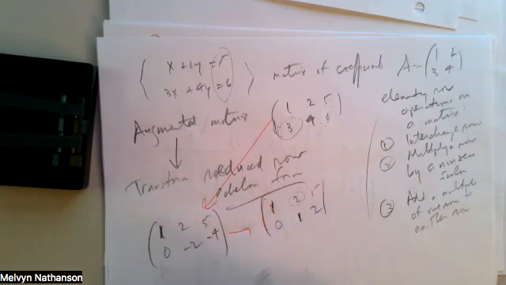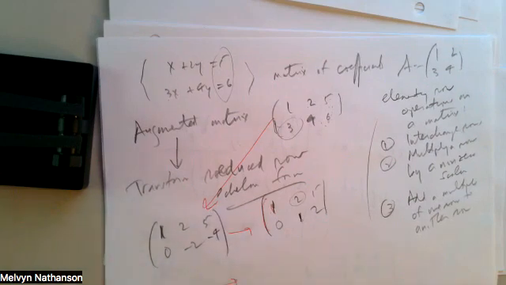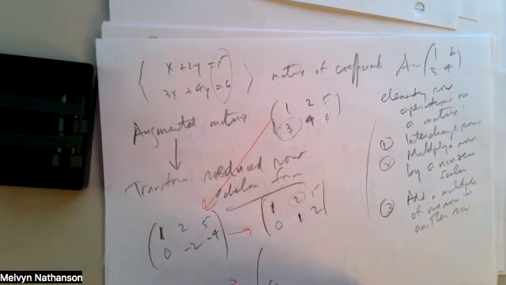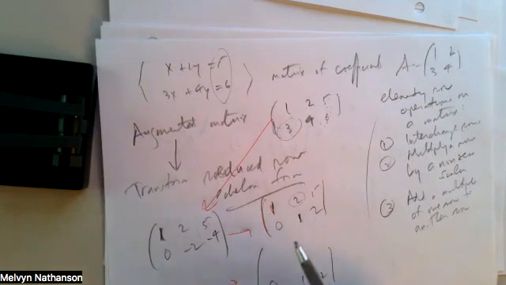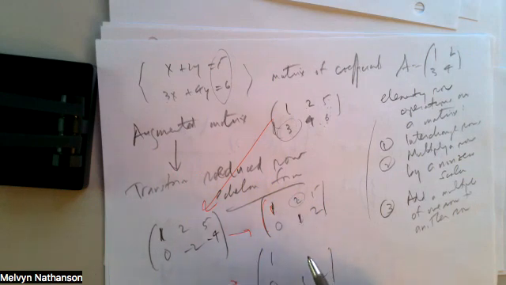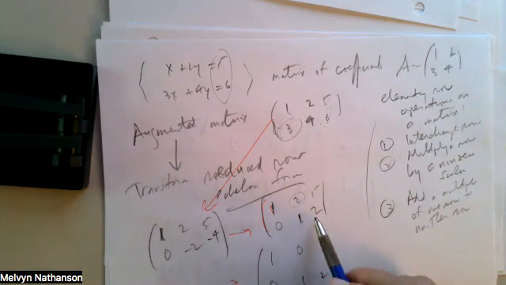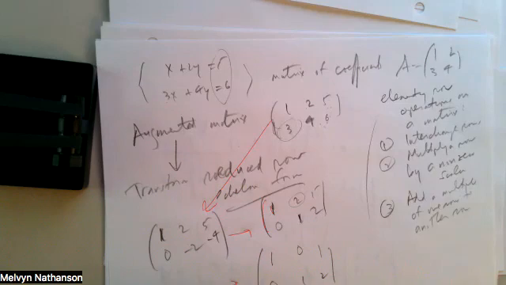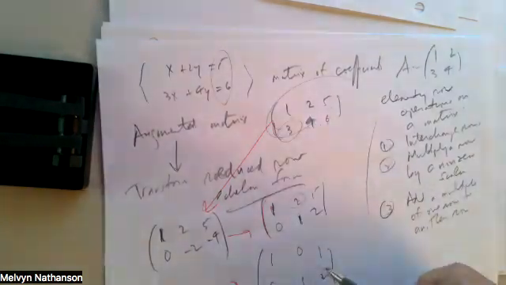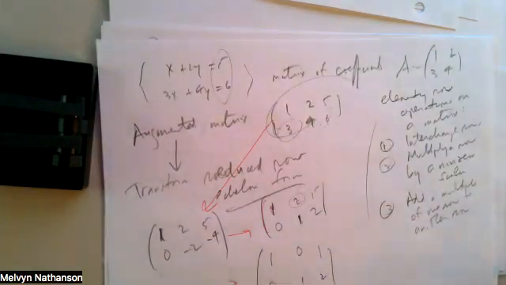I have to eliminate this too. So I'm going to fix the second row and take the first row minus twice the second. 1 minus 0 is 1. 2 minus 2 is 0. 5 minus 4 is 1. So by performing elementary row operations, I transform this matrix into this matrix.